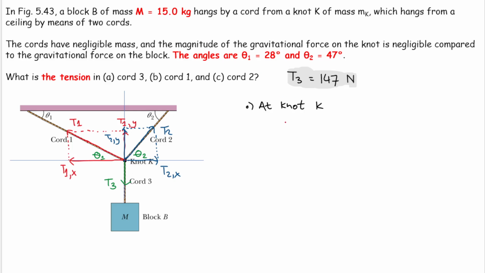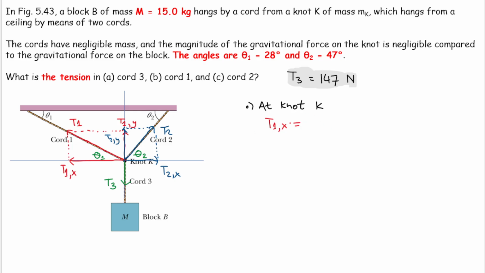Okay, and let's do some trigonometry here. So we will have T1 in the X direction, and that will equal, okay, let's see here, this is theta 1, and T1 X is the adjacent side, and T1 is the hypotenuse. Adjacent divided by hypotenuse is just cosine.